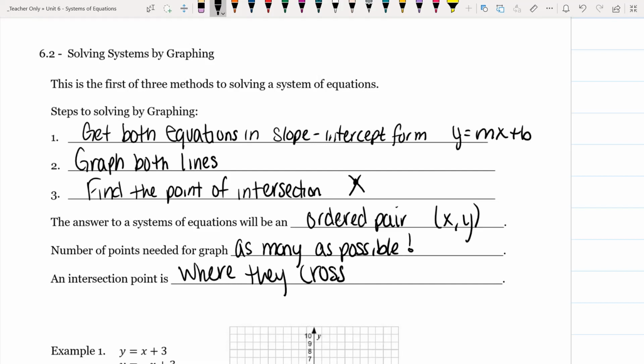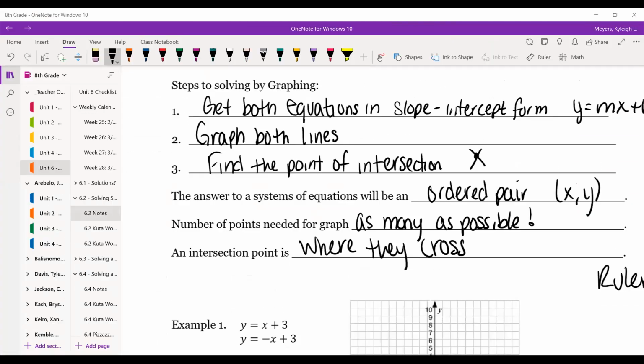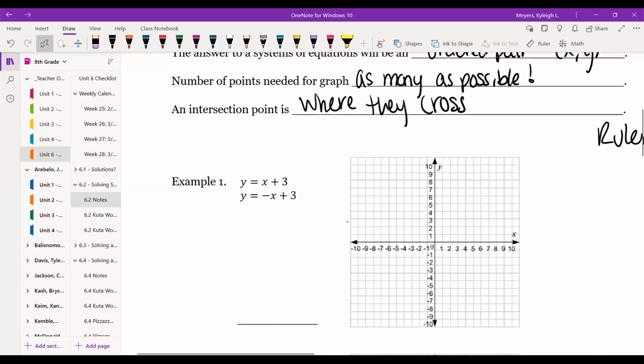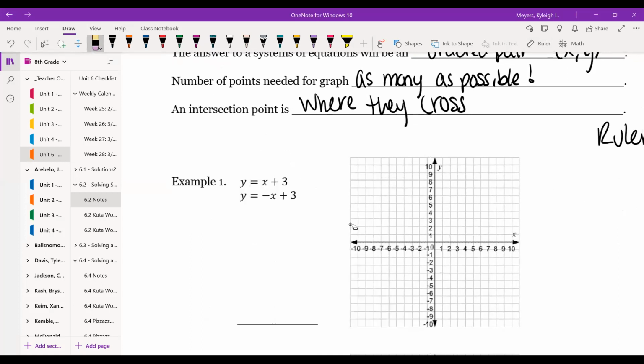Okay, so you're probably going to want to get a ruler out. So I would pause the video right now and get out a ruler. Okay, so hopefully you paused and went and grabbed a ruler, or you're using the ruler up here. So there's a ruler right here that'll help you draw a line. So that's what I'm going to use, but I'm not going to use it right this second.